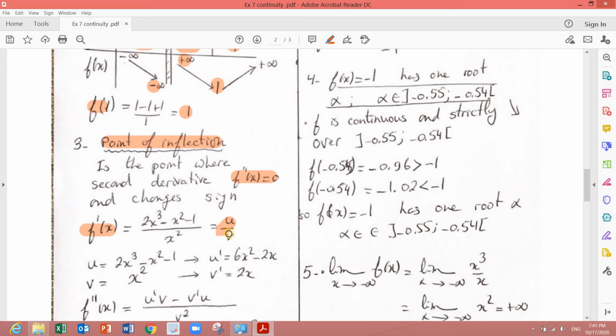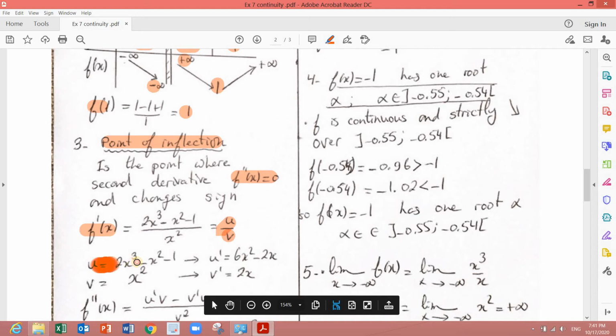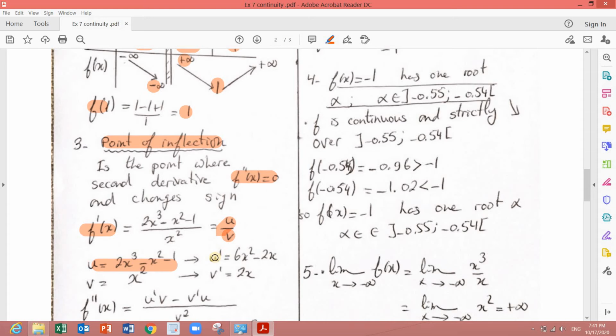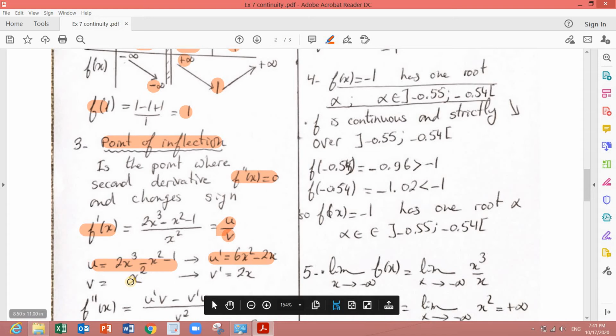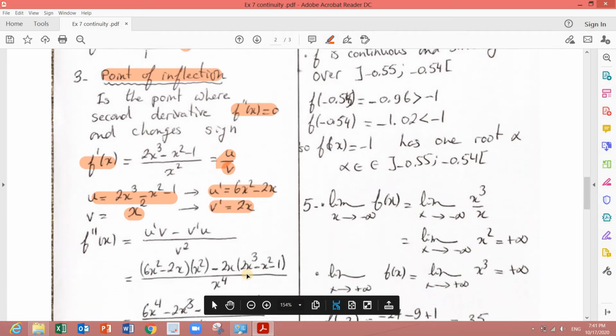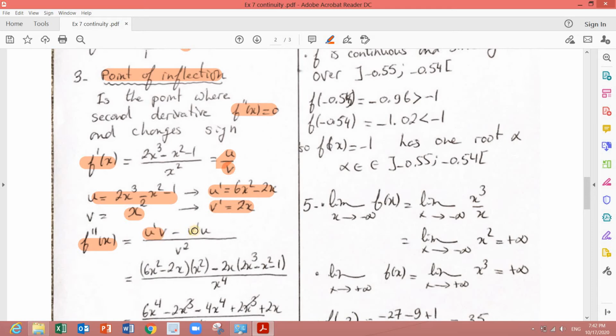It is of the form u over v. u is 2x cubed minus x squared minus 1, and u prime will be 6x squared minus 2x. v equals x squared and v prime is equal to 2x. So the second derivative f double prime, which is the derivative of f prime, is u prime v minus v prime u over v squared.